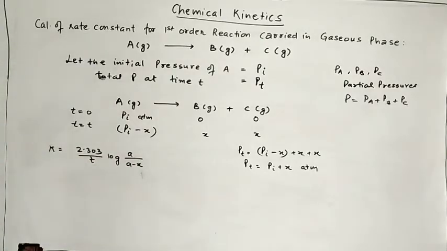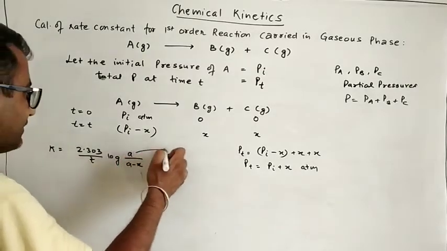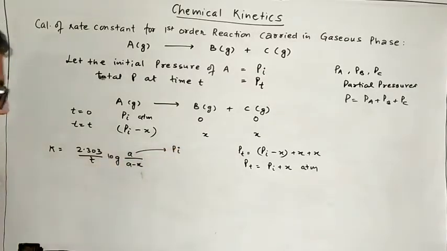So now A0, meaning your A, corresponds to your initial pressure, that is Pi. And the final a minus x, what is a here? That is Pi. And what is x here? You can find x from here.